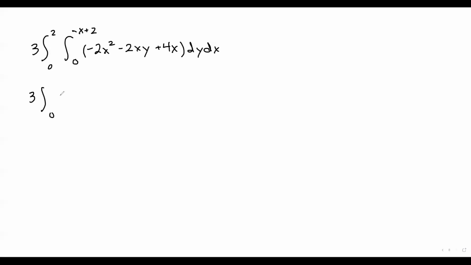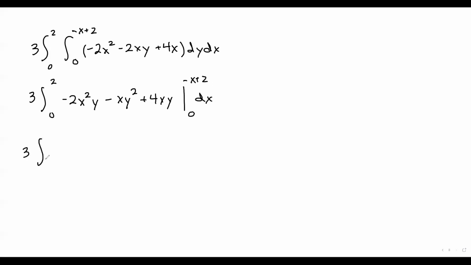And we'll just go through this really fast. So the antiderivative of this with respect to y is going to be -2x squared y minus xy squared plus 4xy, 0 to -x plus 2.